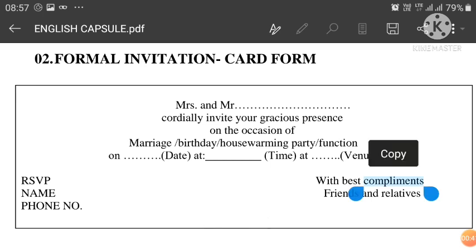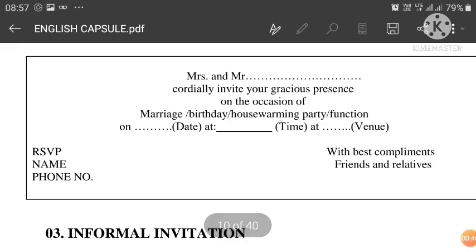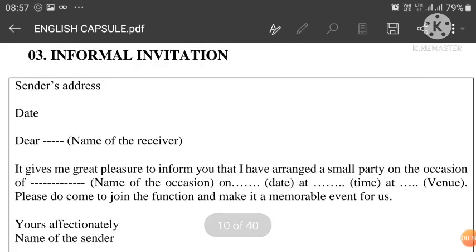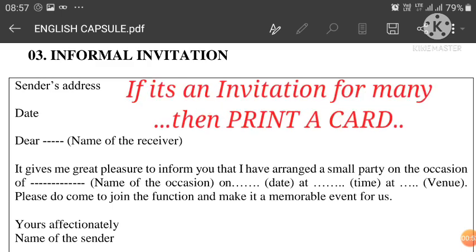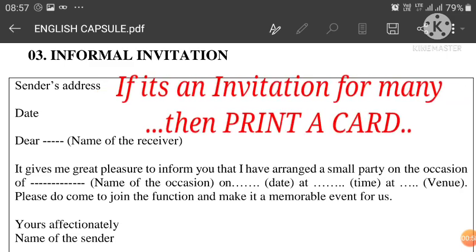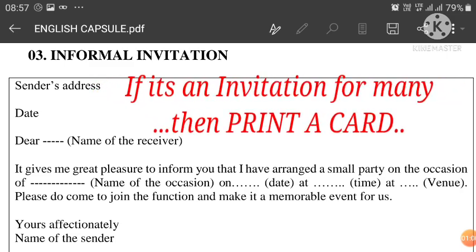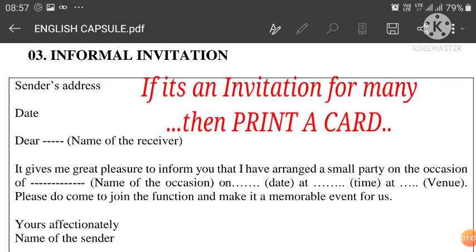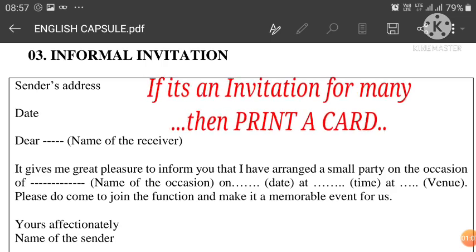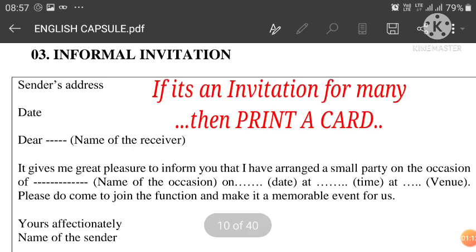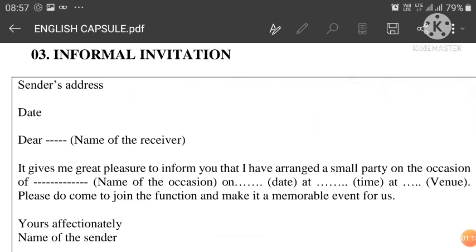And yes, when you talk about cards, the mass invitations or invitation to a group of people, your friends, you can even invite informally. I will take the same topic as I just took or undertook. That is the same occasion. Let's have the housewarming ceremony, or let's, just as we had in the pre-boards, your sister got selected in the interstate cricket tournament team and you're so happy that you have thought of throwing an invitation to your friends and your family.